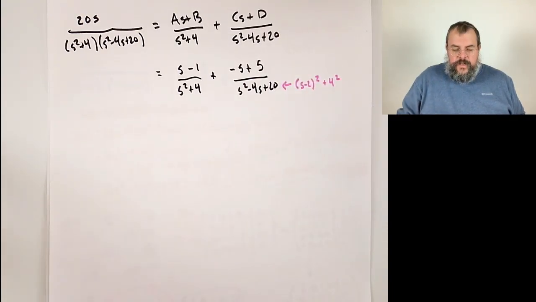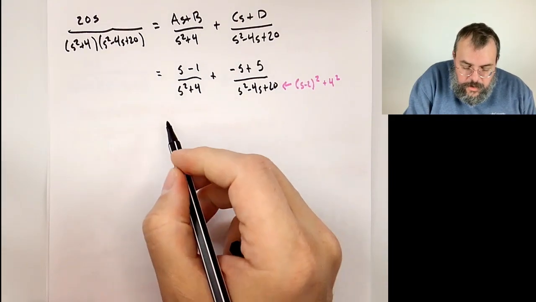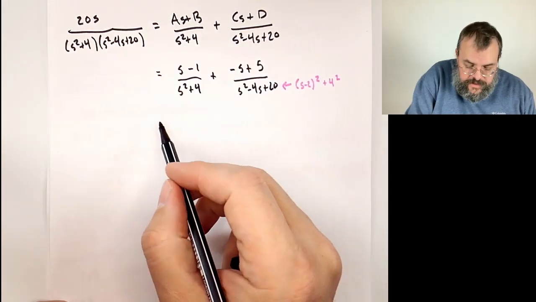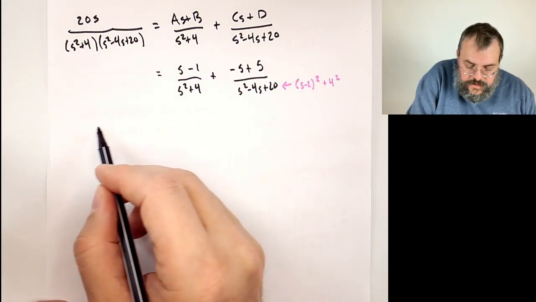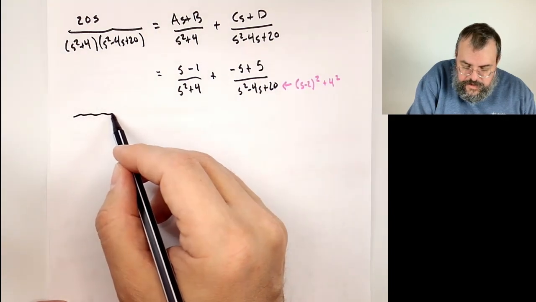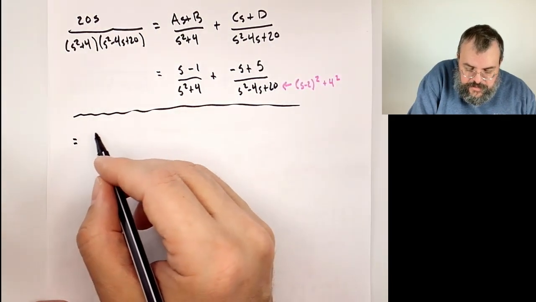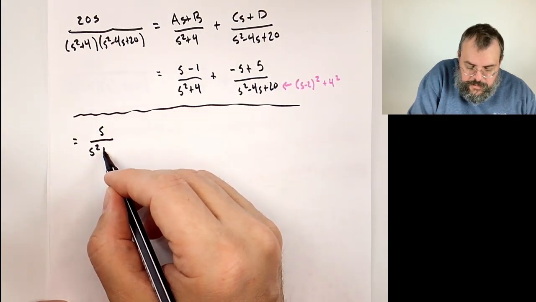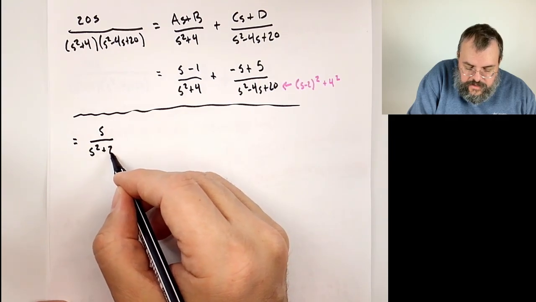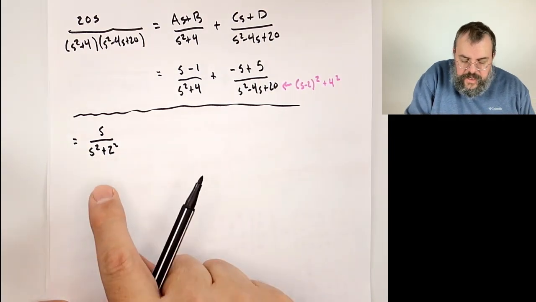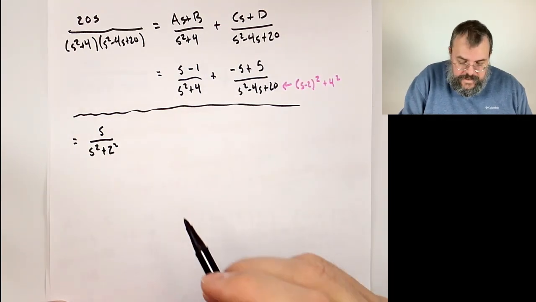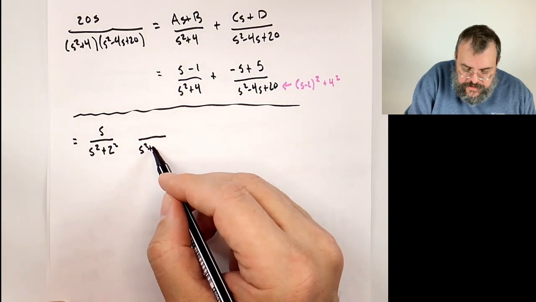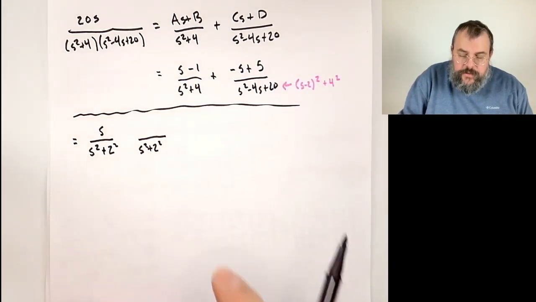So, for instance, we can write this as the first term because we have the s squared plus a squared downstairs. So we could say, okay, so I'm going to put a little squiggly line. This is equal to s over s squared plus a squared. And I'll go ahead and write it as 2 squared. And now we're happy with that. And then the next part, well, we have the minus 1.